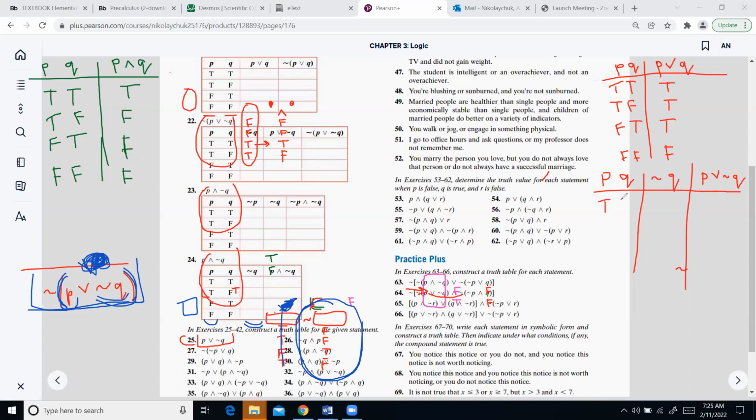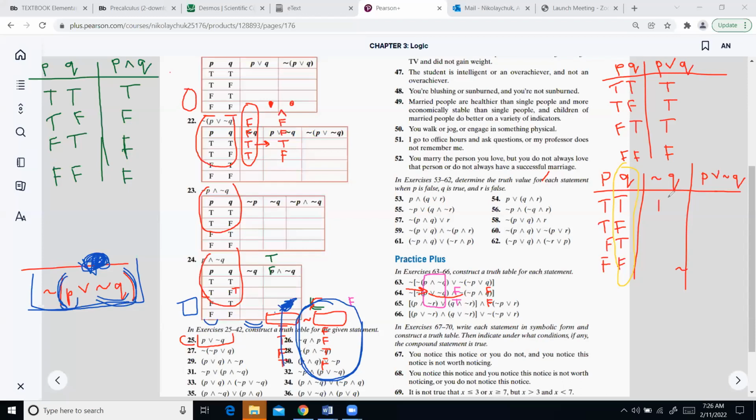And now I go with both T, then TF. It's a standard procedure, FT, and finally FF. So this way we always start. And now I'm gonna deal only with the second column here to be able to produce not Q. So in the second column, I'm going to negate all of these.